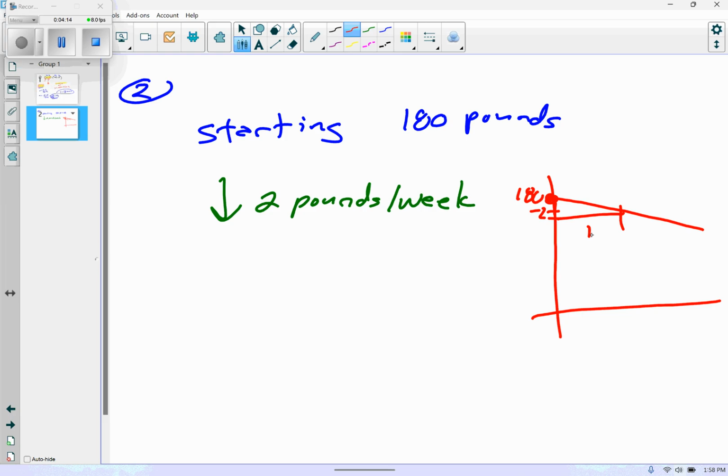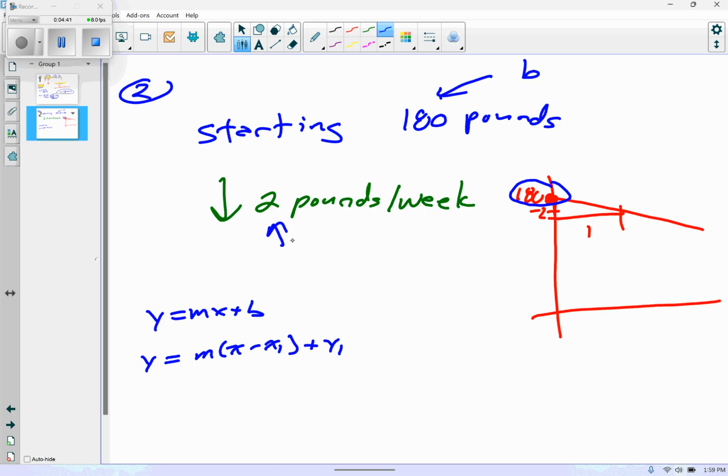So if you know that, what does it appear that 180 would be referring to as far as any of our equations? Would it be part of y equals mx plus b? Would it be part of this? Yeah. So this 180, I think, would be our b value, and then this would be our slope.